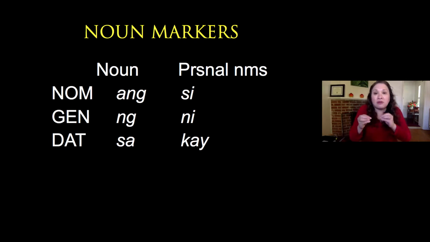That's why you have si there, because Juan is a name. Ng cake. Look at ng there, you put ng before the cake. And then, para kay Maria, the direction of the action. The cake is for Maria, and therefore, you use kay before Maria.